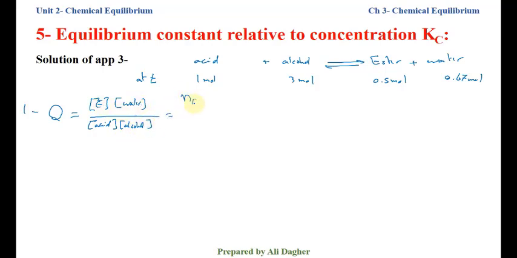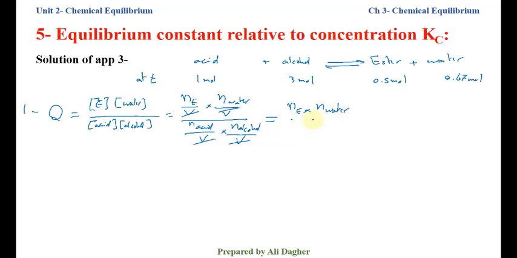Concentration is number of moles over V for each component. Then we simplify by V, the same volume. Q equals n ester times n water over n acid times n alcohol, equals 0.5 times 0.67 over 1 times 3, equals 0.11.